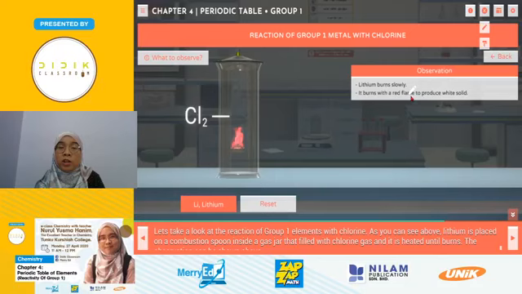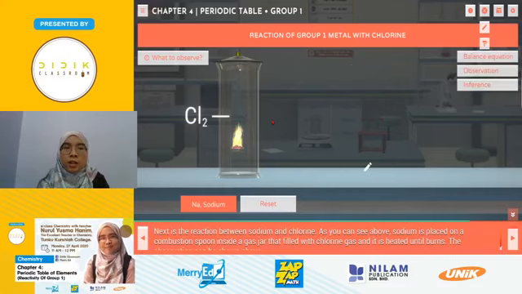So in this reaction, we just cut the metal, lithium, sodium, potassium, and we add it into the gas jar. Now, sodium burns brightly and produces white solids.